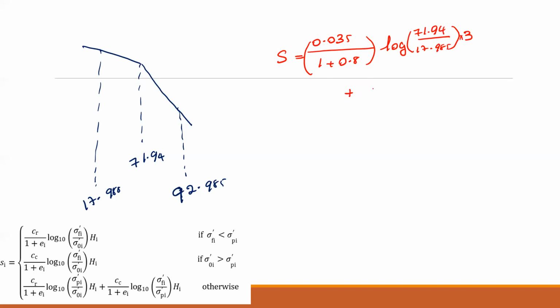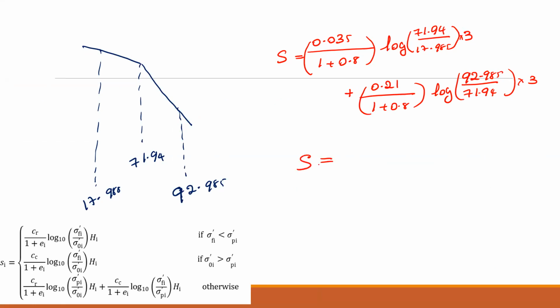Plus Cc, given to us, which is 0.21 divided by 1 plus 0.8, log of the final value 92.985 divided by the P value 71.94, times 3. So you put the numbers in and you find the settlement in meters.